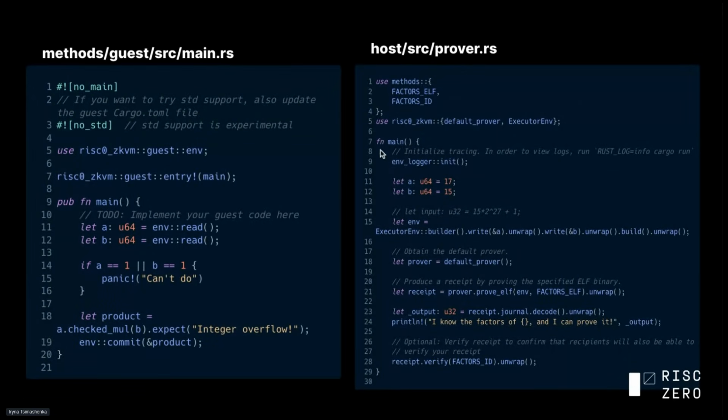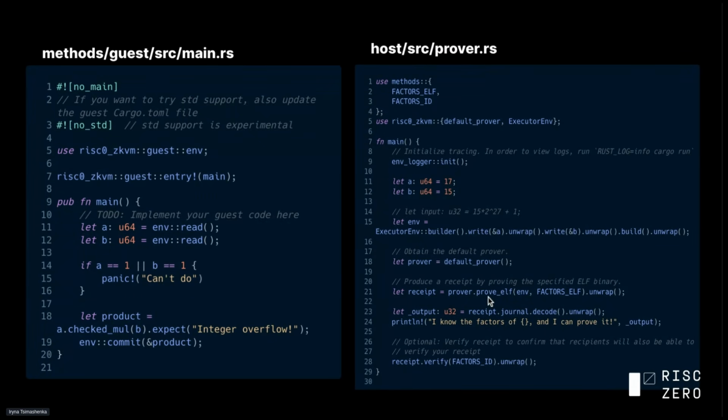This is like the prover on the host that will be sending your input data to the prover and will actually run the proof. So this is a factors program. What we're actually doing is we send two integers to the guest as input data, and then we run the prover.